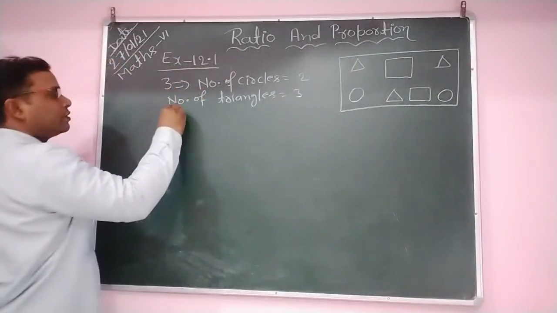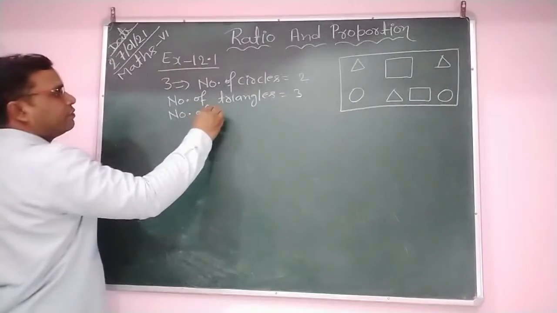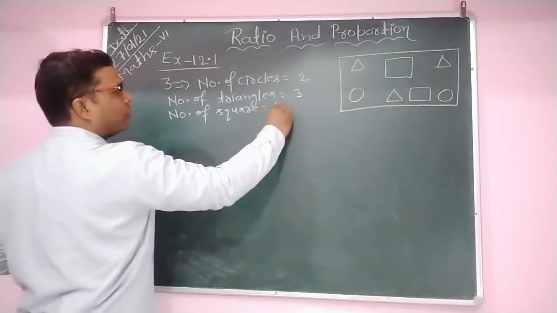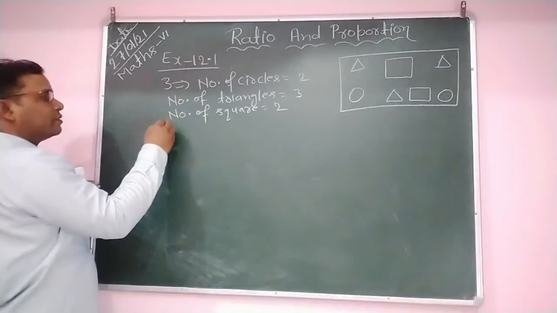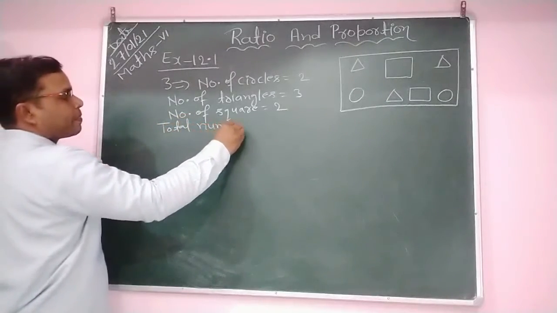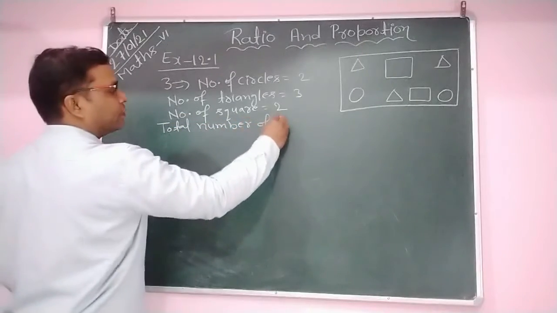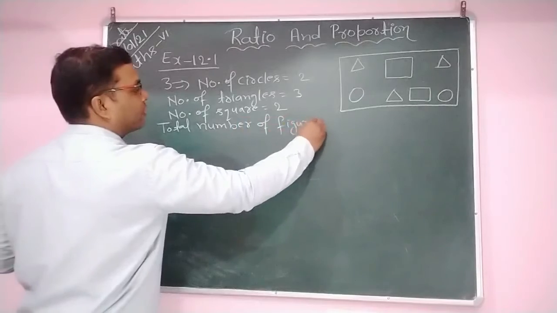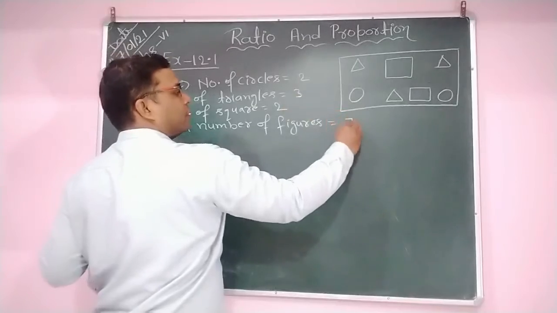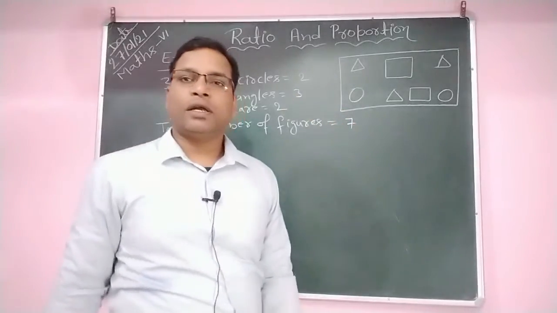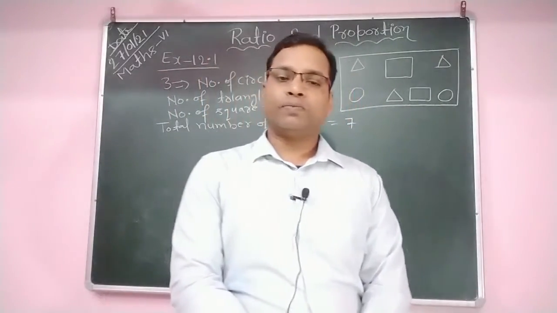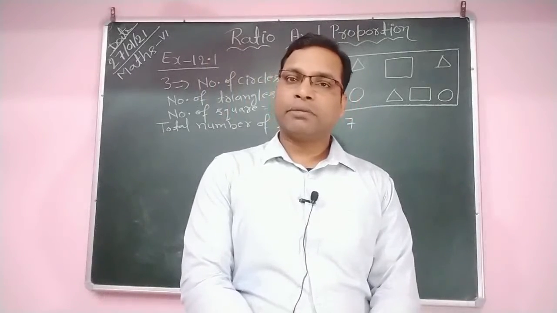The number of squares is 2. Total number of figures is 2 plus 3, 5 plus 2, 7. Total number of figures is 7. Number of squares is 2, number of triangles is 3, number of circles is 2. So this is the information about this question.